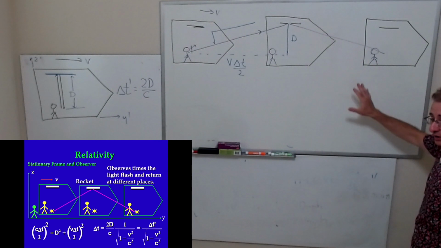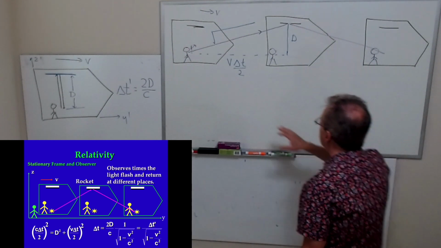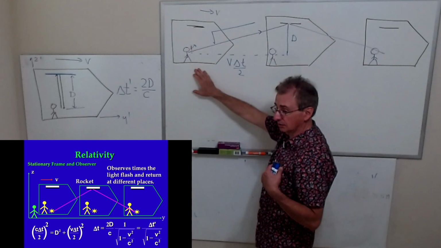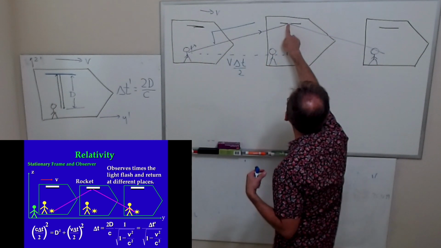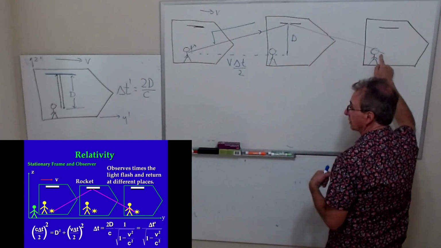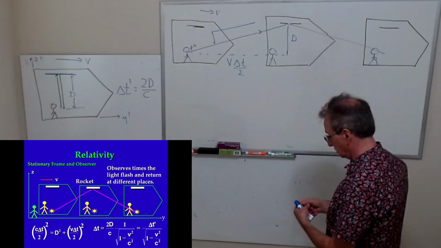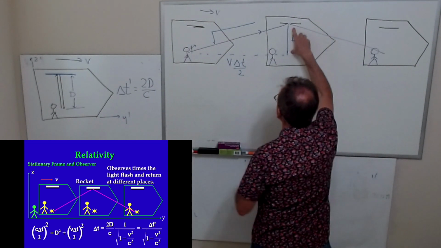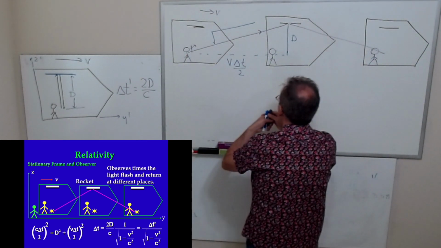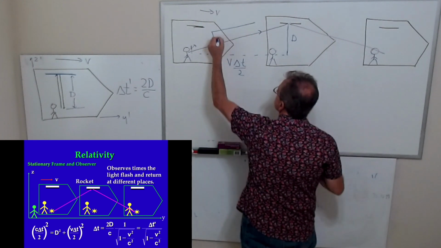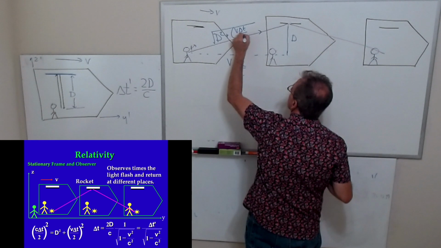So this is the slide we're at, right? The light beam, according to us, we're not moving. The rocket's going by us. The light beam hits the mirror and then comes back to the person. That rocket goes by us. That's what we see. If this distance is d, and this is half the distance from here to here, then this distance is the square root of d squared plus v delta t over 2 squared.